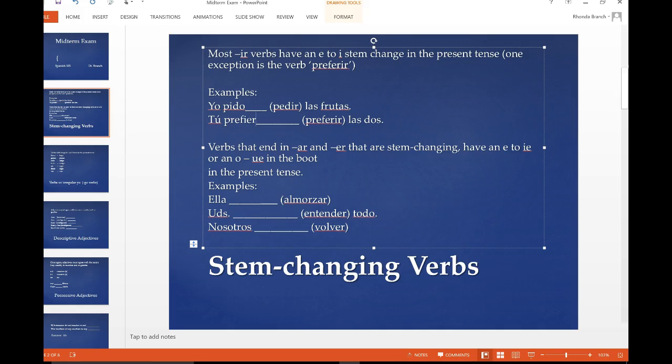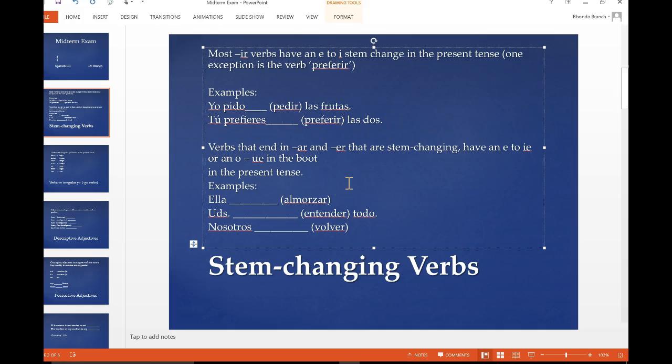Another note, if you have a verb that has an E and an O, or two E's, you're going to stem change whichever letter comes closest to the ending. So we're going to stem change the second E, turn it to an IE. Tú is second person singular. Your ending in IR for second person singular is ES. Tú prefieres las dos. You prefer both.